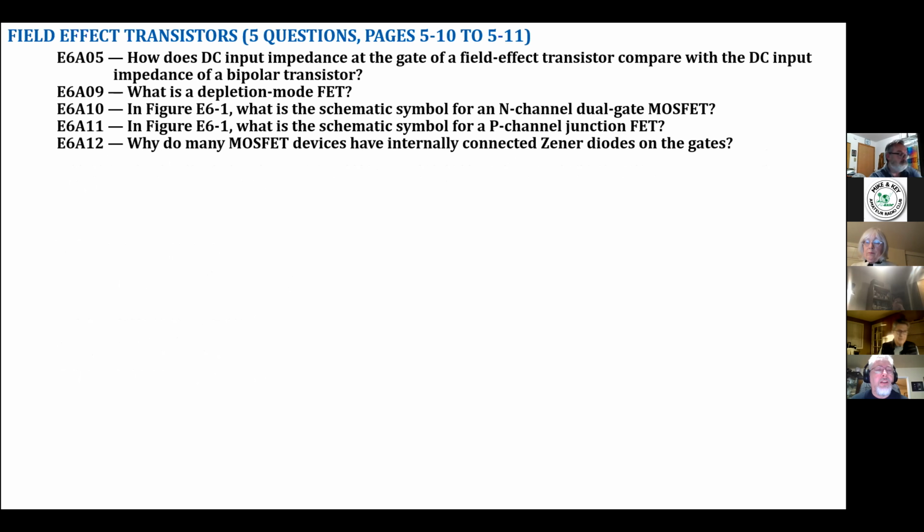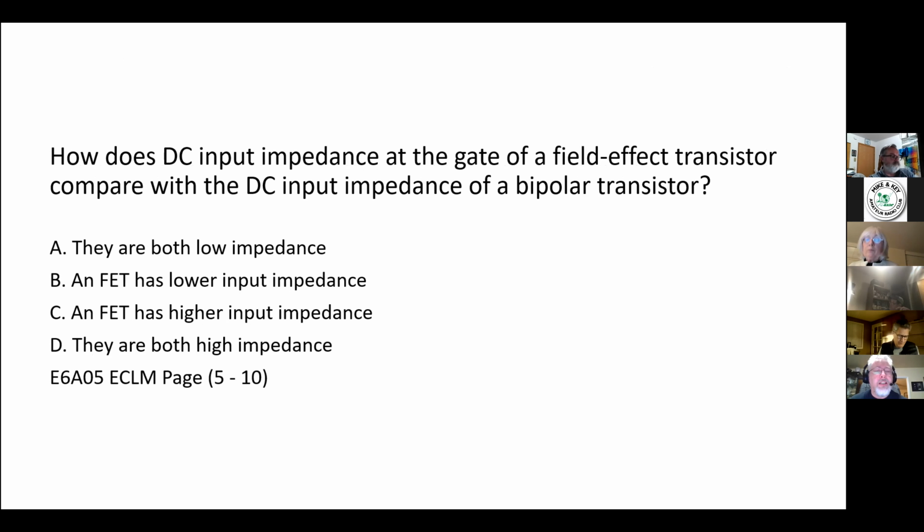Five field effect transistor questions. How does DC input impedance at the gate of a field effect transistor compare with the DC input impedance of a bipolar transistor? A, they are both low impedance.